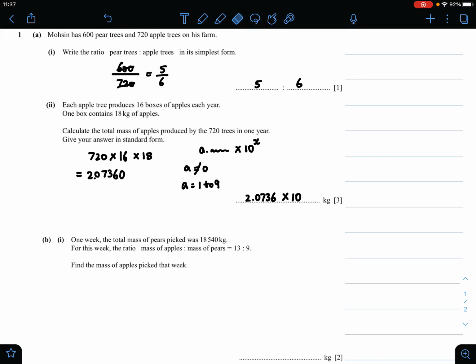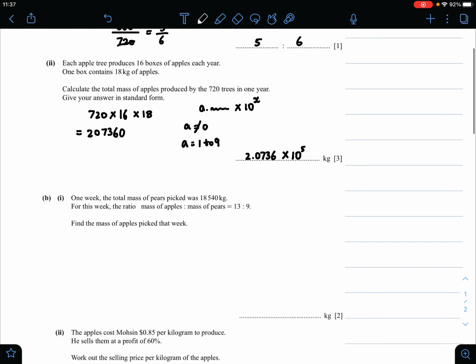So our original answer in this case was 207,360. To reach that you would have to move the decimal place to the right, in this case 1, 2, 3, 4, 5 places to the right, and therefore you will write 10 raised to 5, and therefore this will be your final answer for part A2.